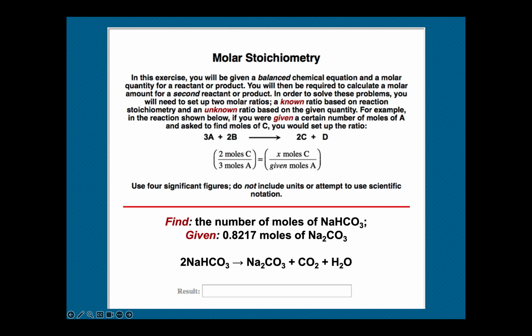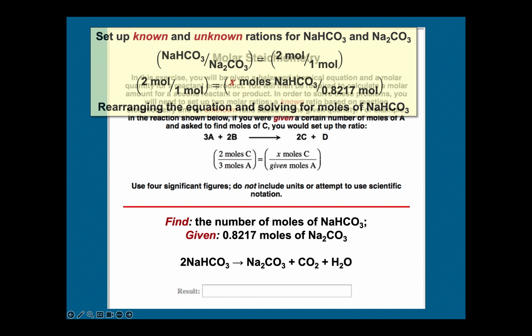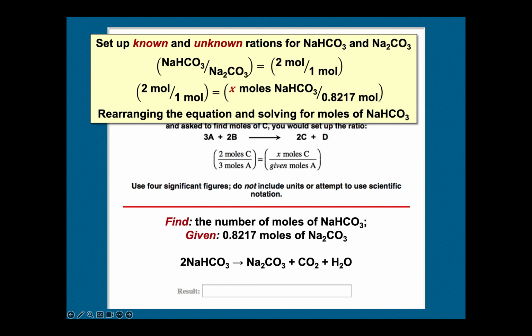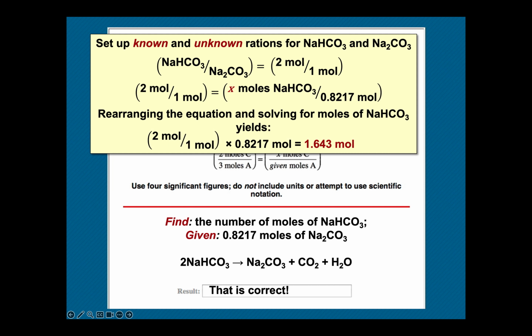Our given is sodium carbonate, so it's going to be a 2-to-1 ratio. Hydrogen carbonate over carbonate, 2-to-1. That's our unknown ratio from here. That's our known ratio from the stoichiometry. Simply multiply 0.82 times 2 divided by 1, and we get 1.643 moles.